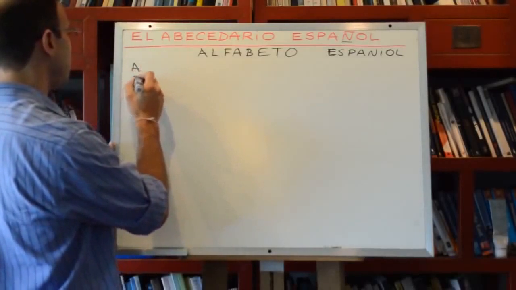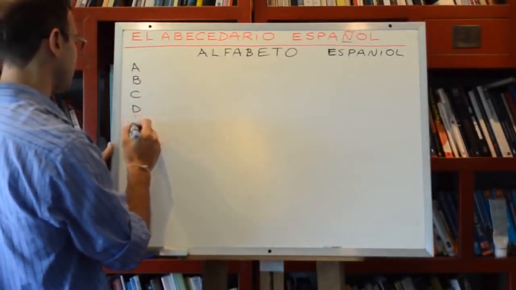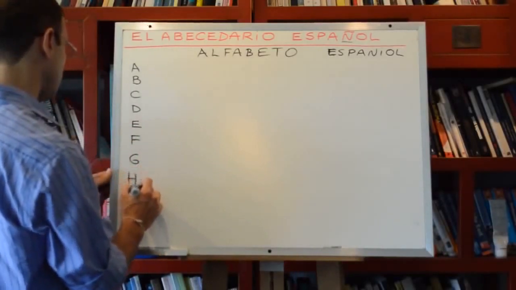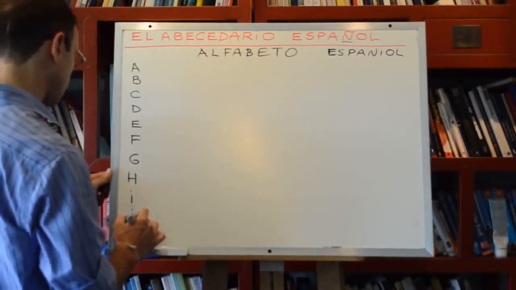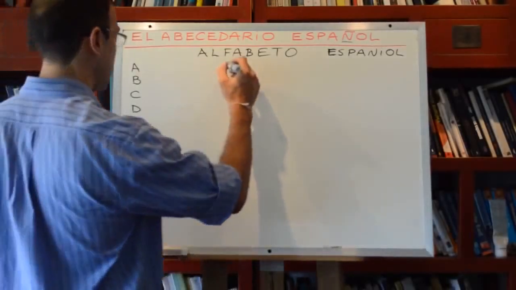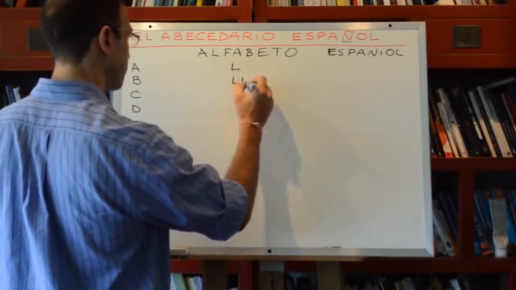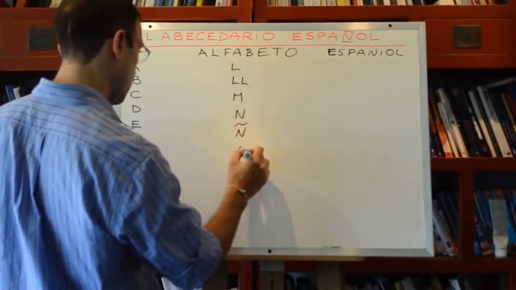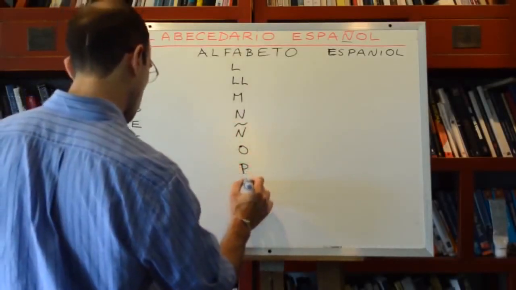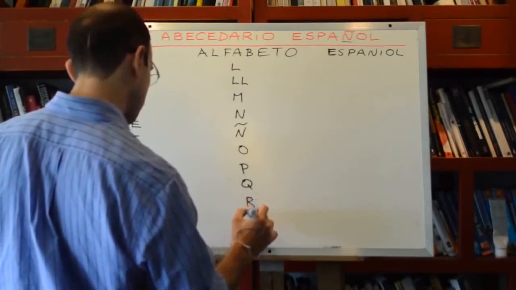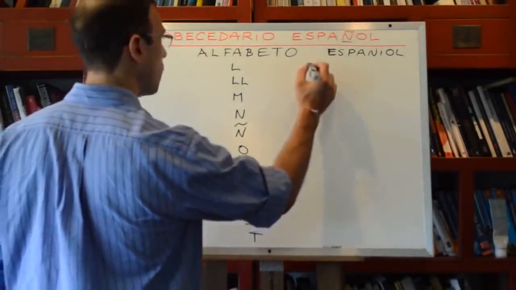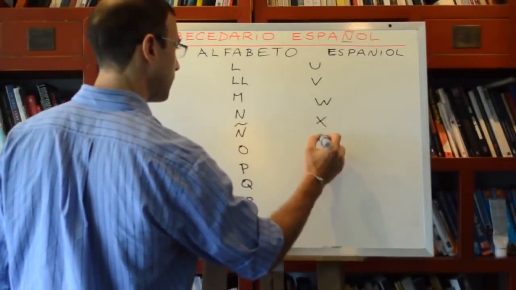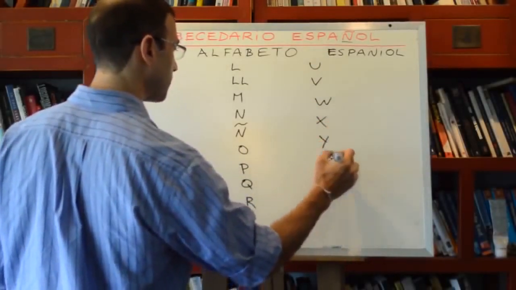A, B, C, D, E, F, G, H, I, J, K, L, LL, M, N, ñ, O, P, Q, R, S, T, U, V, W, X, Y, Z. Okay?